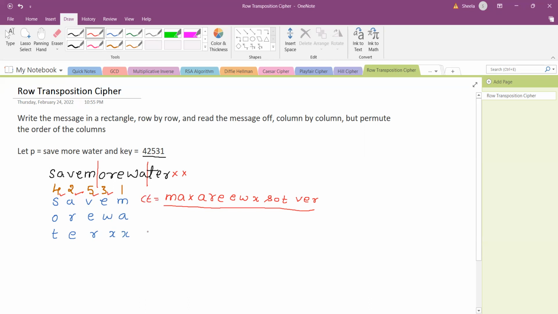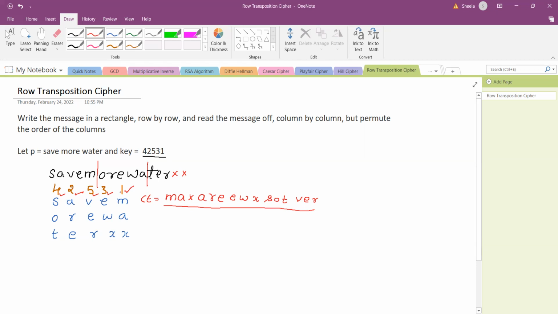The ciphertext is given by reading column-wise. The message is read column by column, so we have to read every column. While reading, we have to see the number above the column and read in the same sequence in which it is mentioned.